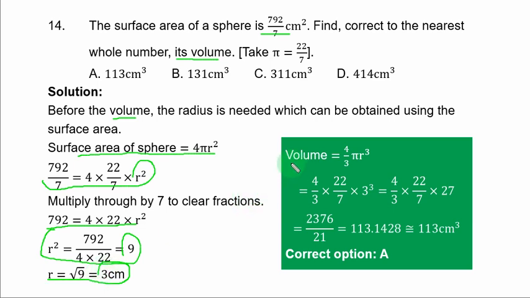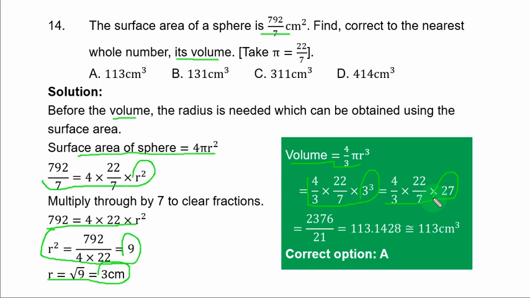Back to the volume, which is 4 over 3 pi r cubed. So you have 4 over 3 times pi, 22 over 7, times r cubed. So you have 4 over 3 times 22 over 7. 3 cubed is 27.